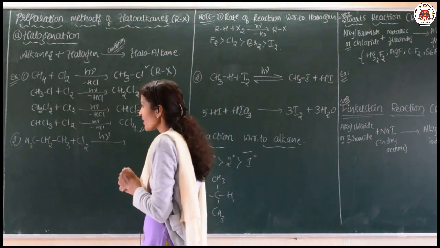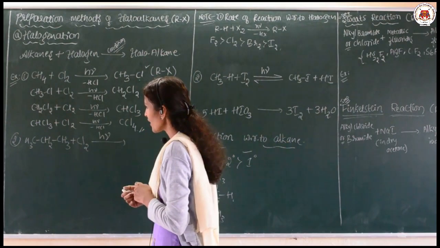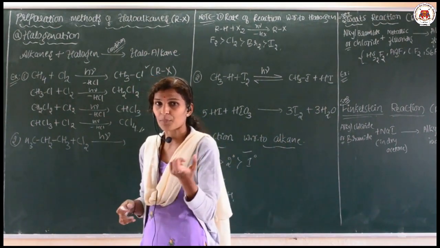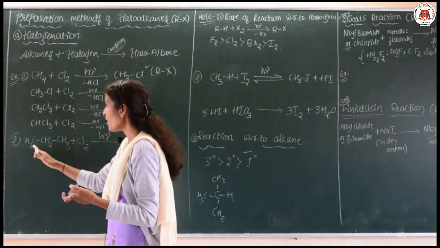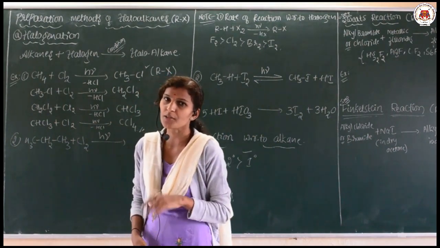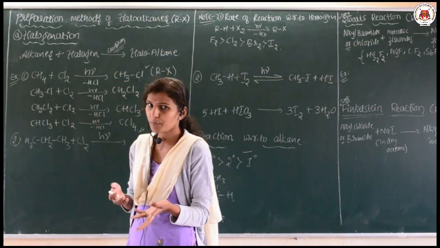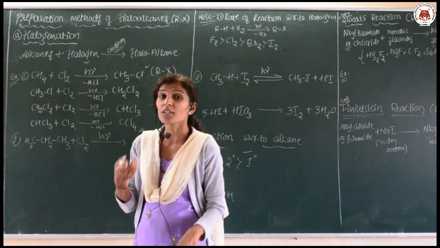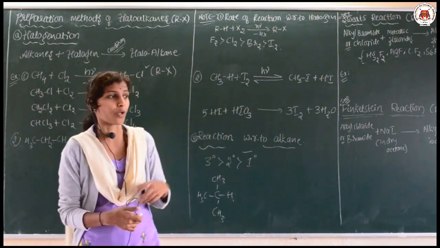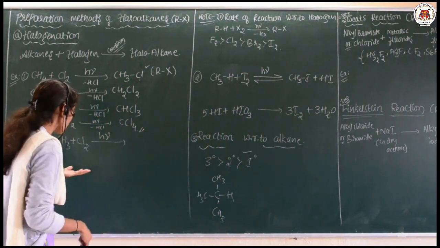See here, in this example we are taking propane. How do I know it is propane? 3 carbons are there, so we take the prop term, and single bonds are there. It is a class of alkane, so it is propane. For propane, if we add chlorine in presence of sunlight, what will be the product?